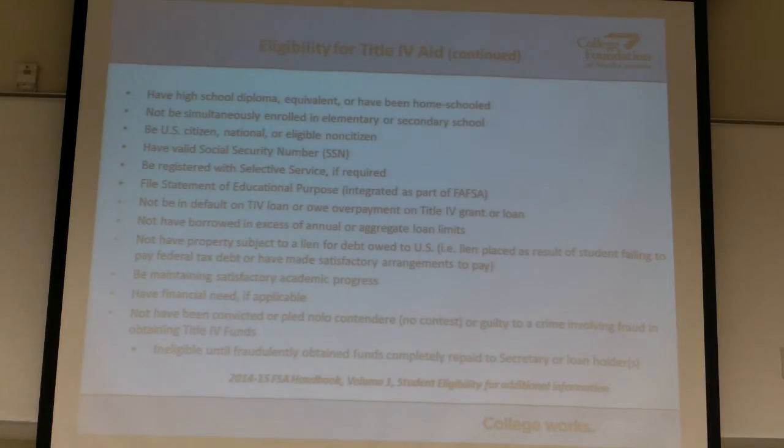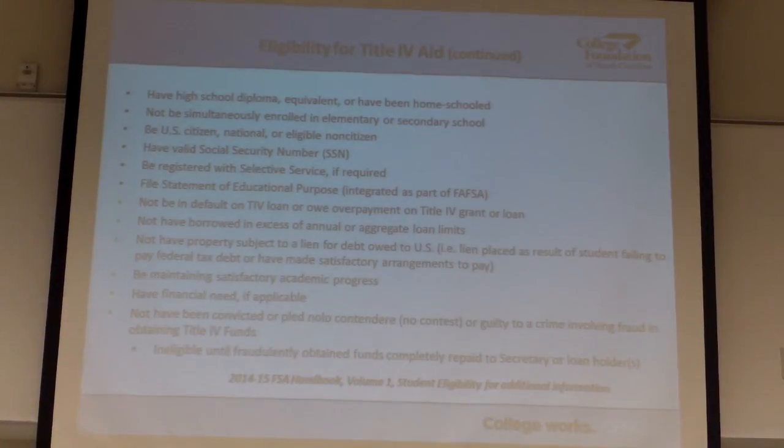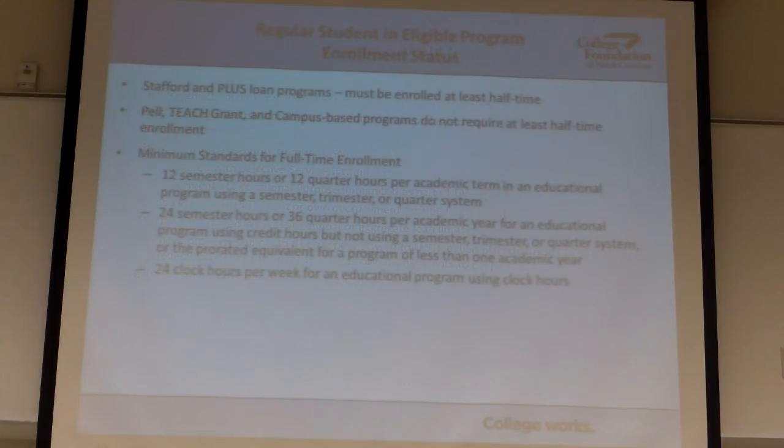And also the student cannot have been convicted or pled no contest or guilty to Title IV fraud, getting Title IV aid fraudulently from the federal government. One interesting thing about this is that even if the student is convicted of Title IV fraud and they pay the money back, they would then regain eligibility for Title IV aid. So government is very forgiving for Title IV fraud. So those were the student-specific requirements.